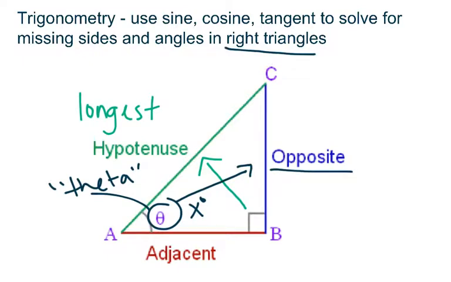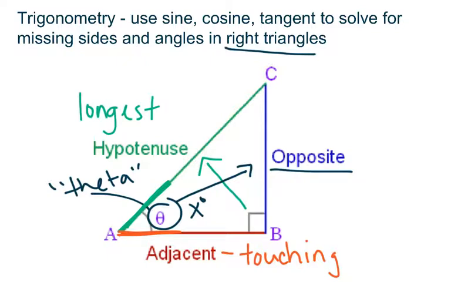The hypotenuse in green and the adjacent are the two sides that actually make that angle. So the side that's touching the angle that's not the hypotenuse is the adjacent. Whenever you see adjacent, think about touching. And opposite means opposite, so hopefully that makes sense.